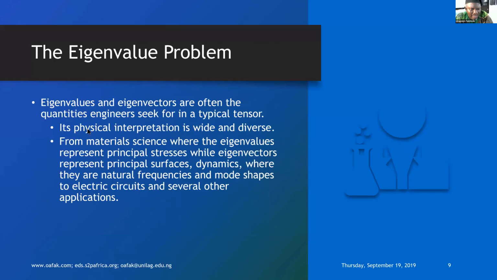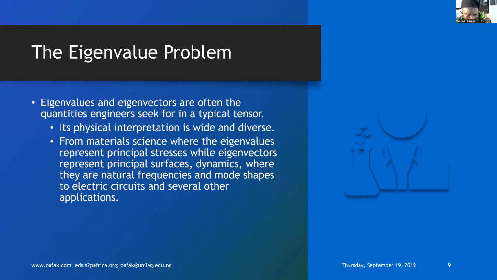Yes, eigenvalues and eigenvectors are often the quantities engineers seek in a typical tensor. Its physical interpretation is wide and diverse, depending on what type of engineer. If it's a material scientist or a civil engineer or a mechanical engineer, the eigenvalues represent the principal stresses, while eigenvectors represent the principal surfaces.